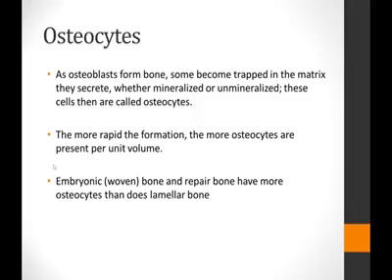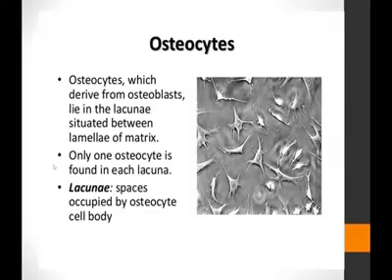Naturally, the more rapid the formation of the bone, the more osteocytes would be present in that bone per unit volume. Osteocytes, however, are more numerous in the embryonic or woven bone and the repair bone, whereas the adult lamellar bone forms regularly and less rapidly, so it has fewer osteocytes within it.